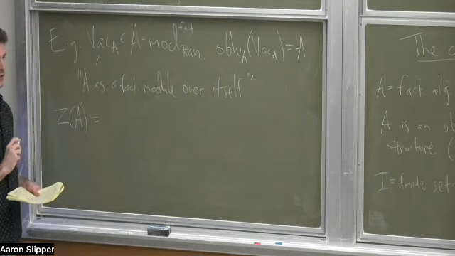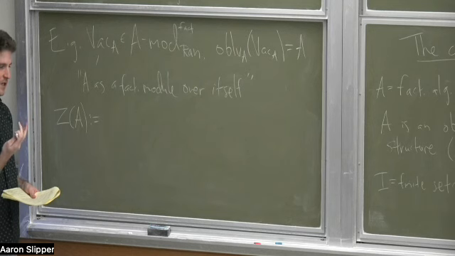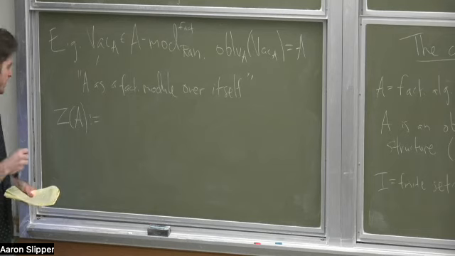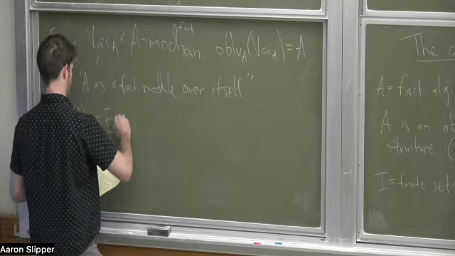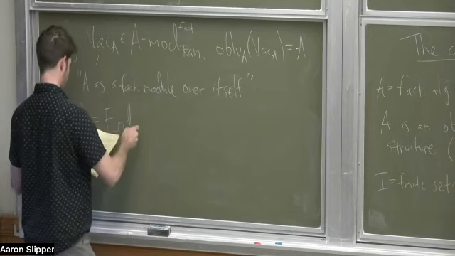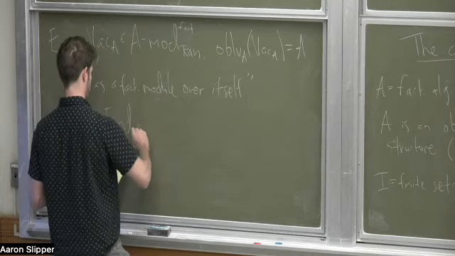It's analogous to Hochschild cohomology for associative algebras, which is the endomorphisms of the associative algebra as a bimodule over itself. So for factorization algebras, we take endomorphisms of this vacuum module as a factorization A-module.